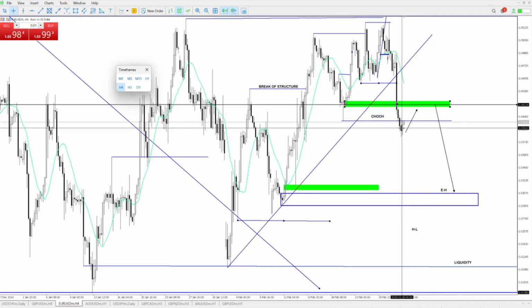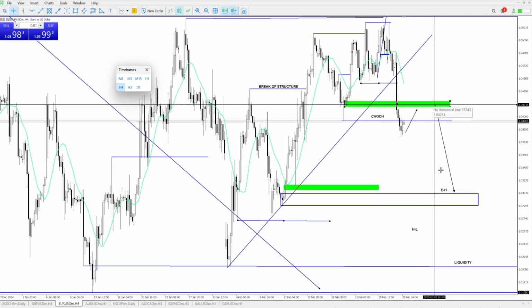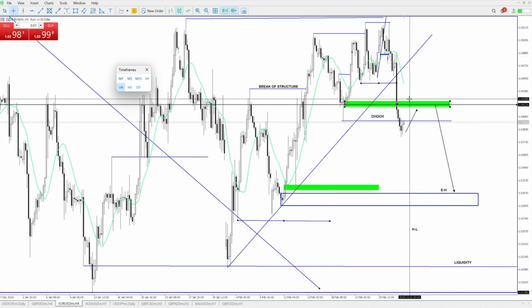In case you want to catch this market from here, you enter from here and you exit at this point. This is your take profit, and the likely stop loss should be slightly, maybe 1 or 2 pips above the order block.